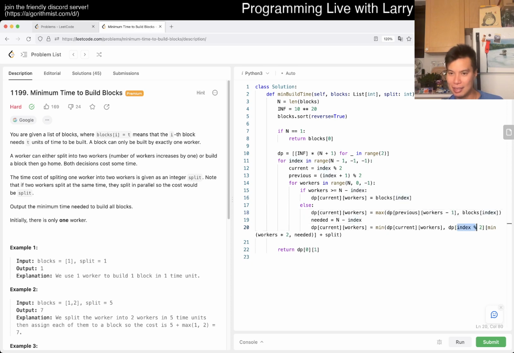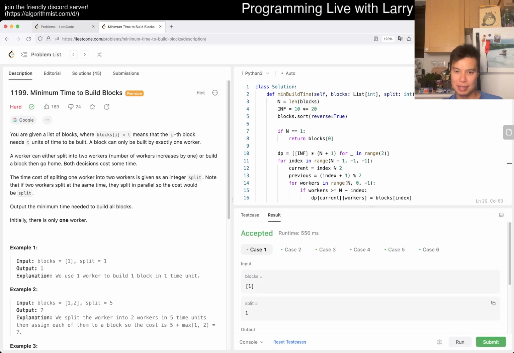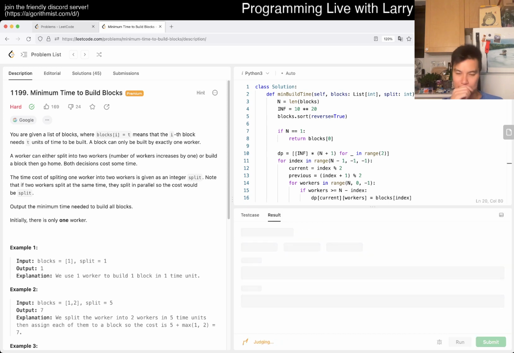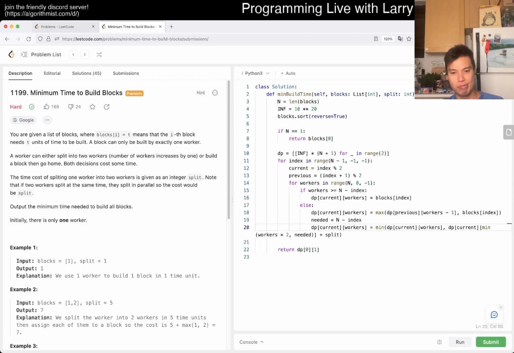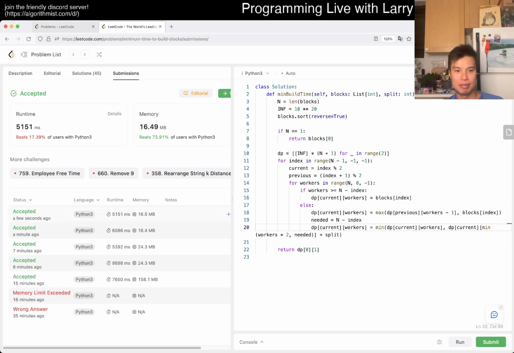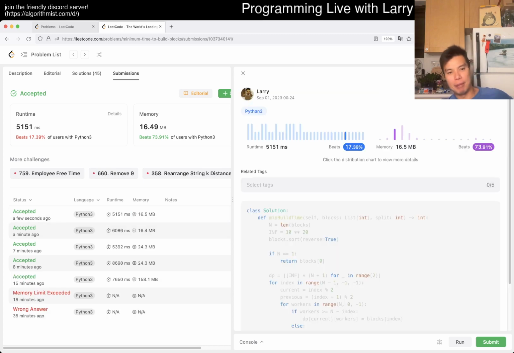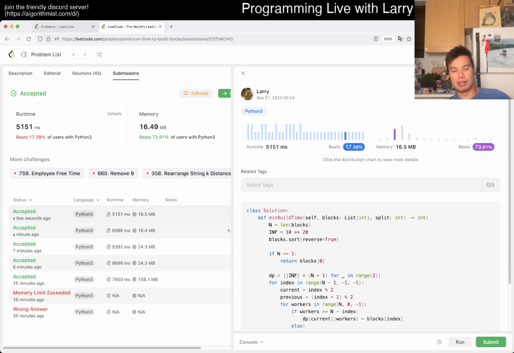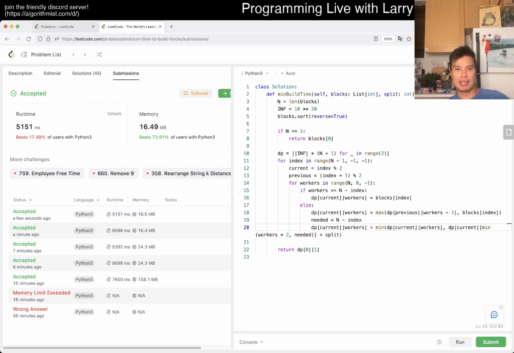Yeah, missed a spot. Yeah, let's give it a submit. Yeah, there you go. Fast time, low memory. It should be faster because now you're not spending as much time on memory allocation, which adds up over time.